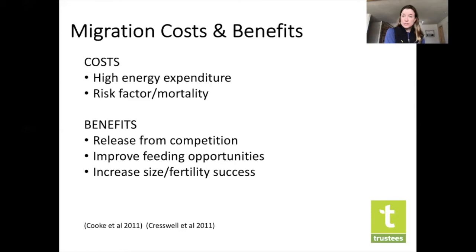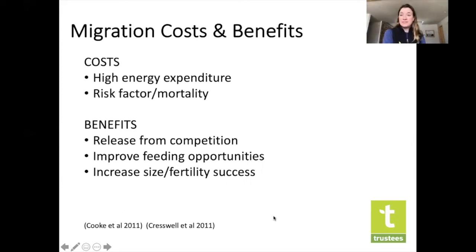The costs of migration can be quite high, including a high energy expenditure. If a fish is traveling very far to move to a whole new environment, they're using up a lot of energy. There's also risk involved, of course. With that amount of travel, you could have mortality. You're getting to new environments with new predators, and there's greater chance of death for that fish.